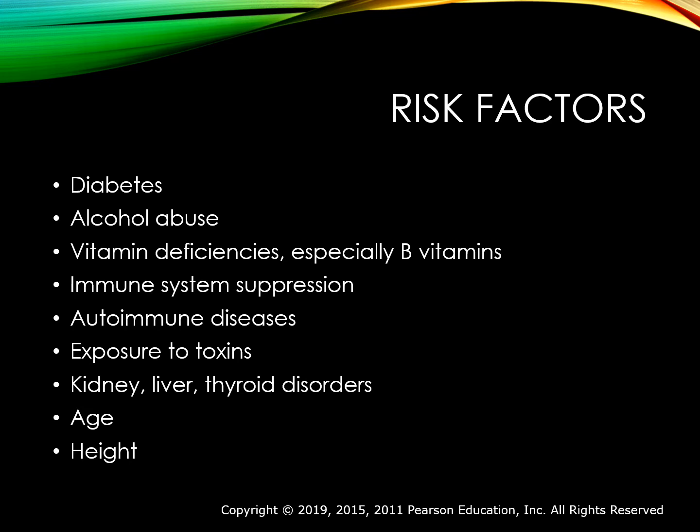Some of the risk factors include diabetes, alcohol use, vitamin deficiencies, particularly B vitamins, immune system suppression, autoimmune diseases, exposure to toxins, and kidney, liver, or thyroid disorders. Age also appears to have a role in the risk for peripheral neuropathy.